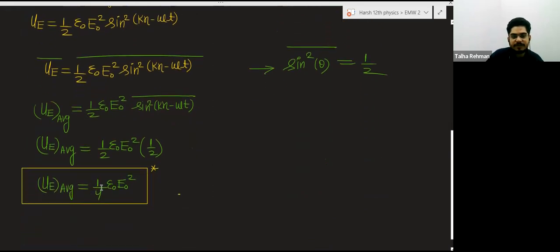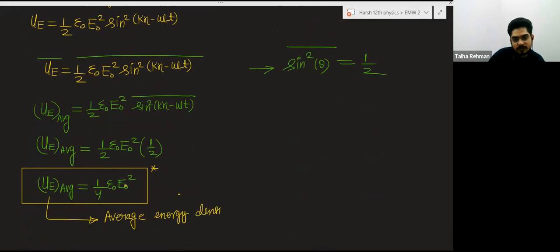Finally we get 1 by 4 epsilon naught into E naught square. Basically this is the average energy density for the electric field.